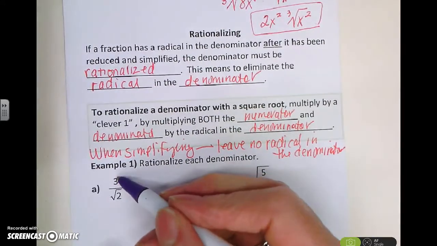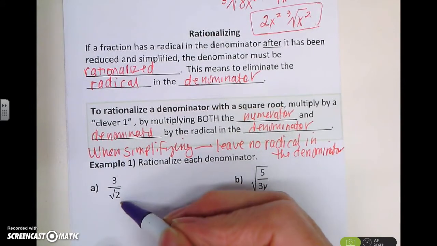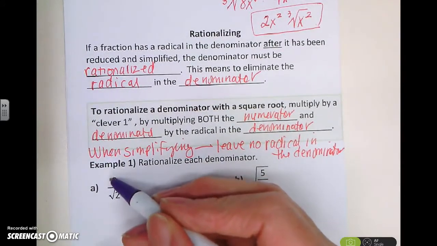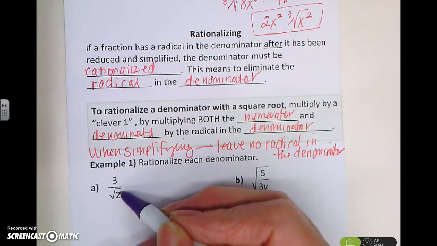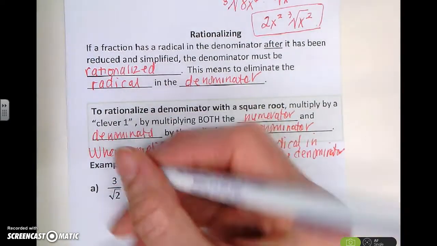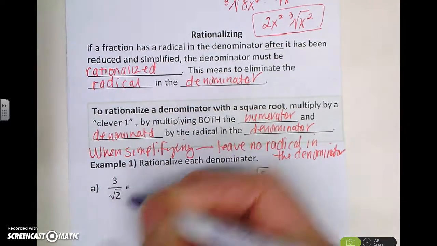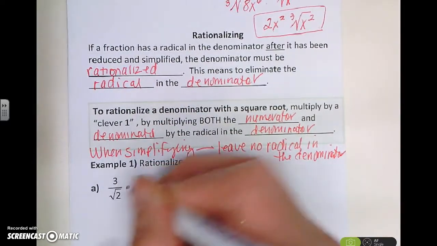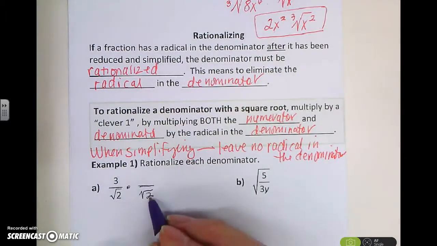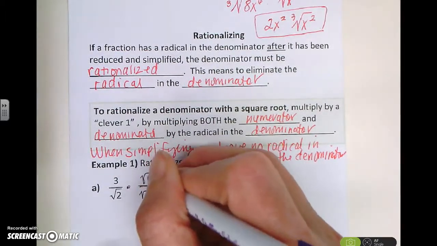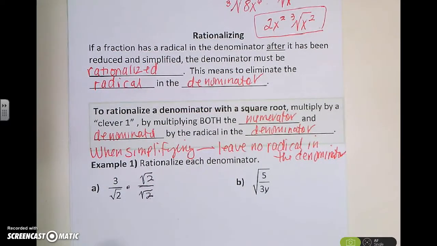So here I have 3 over the radical 2. I can't reduce any fractions here because you have an outside and an inside number. I can't simplify the square root of 2. So I am going to multiply by the clever one where I've got the square root of 2, the same thing in the denominator and in the numerator.